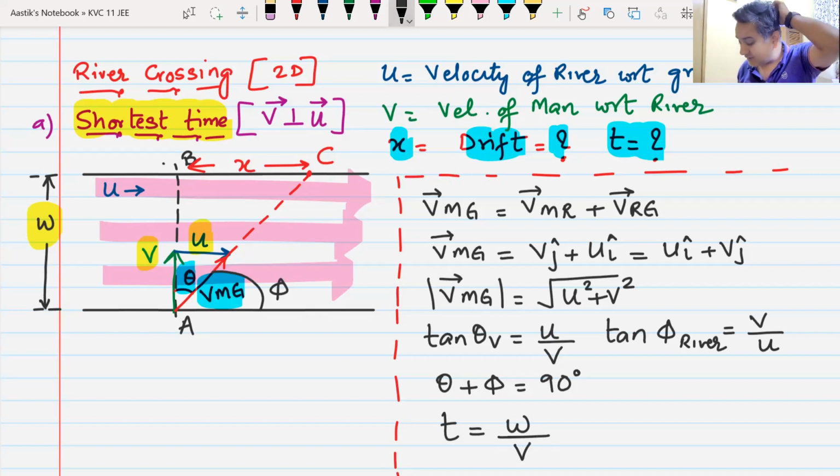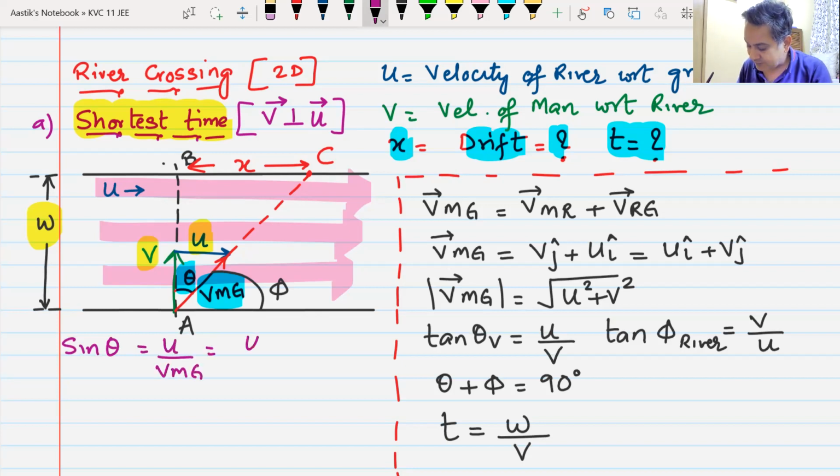Now you can look at this right angle triangle, and there are some things that you can understand from it. For example, sine of this theta is u divided by vmg. You can also write it as u divided by root over u square plus v square. Do we understand this?